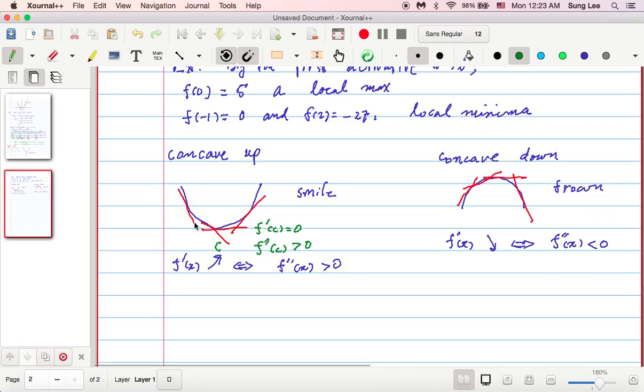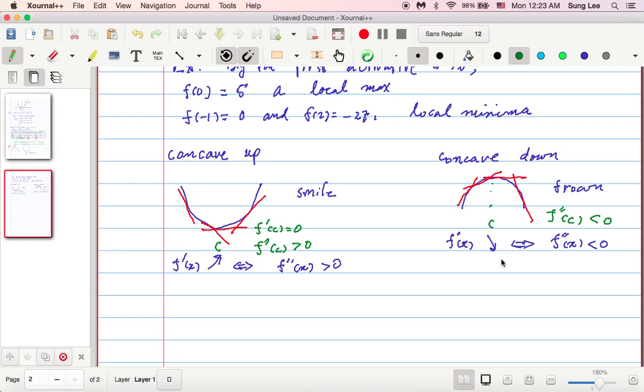So positive means that on an open interval containing c locally, the sign of f double prime of x is also positive. It means the graph is concave up in that area. And for the very same reason, if f double prime of c is negative, then f of c is going to be a local maximum.